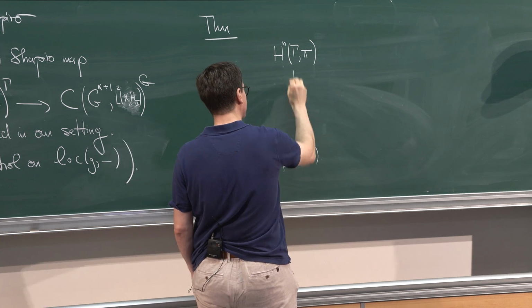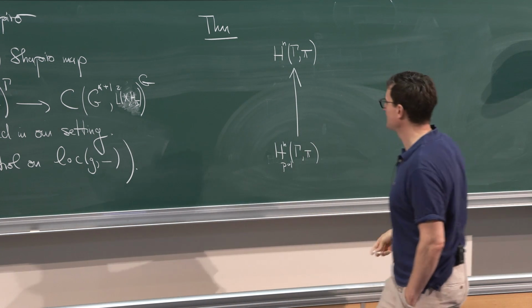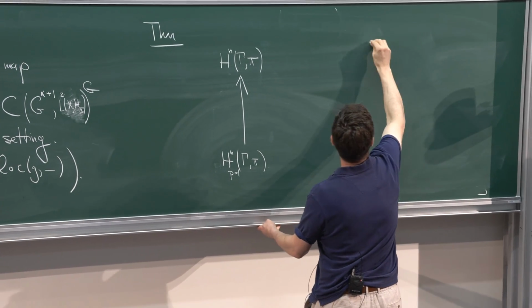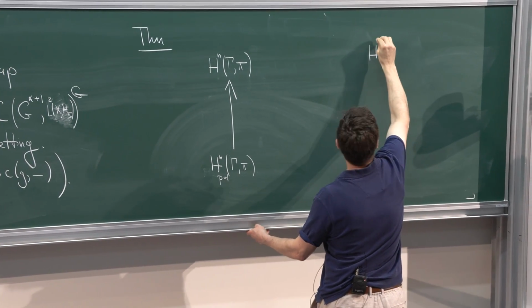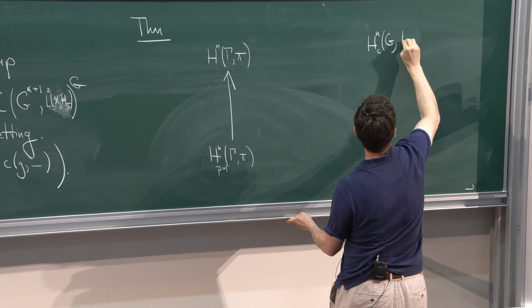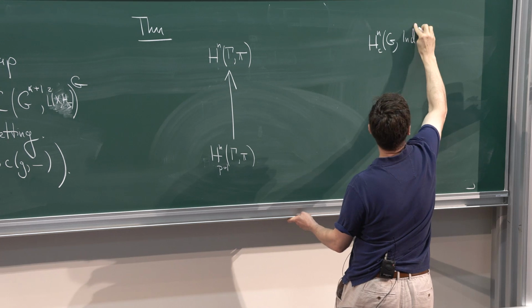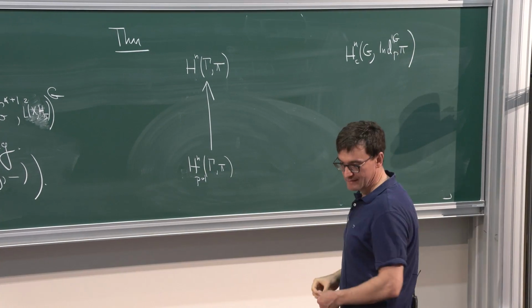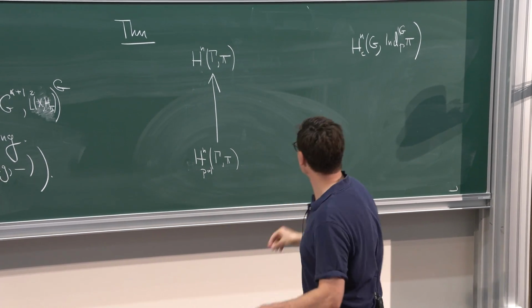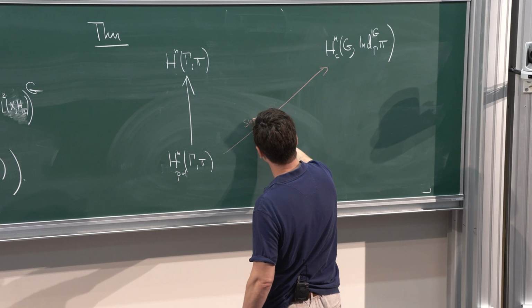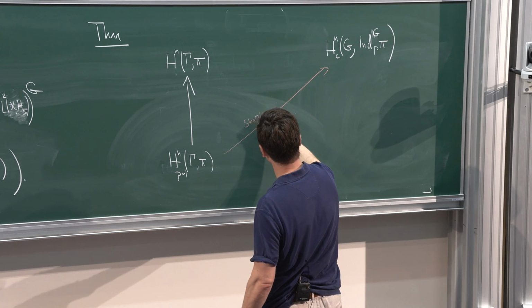Here we have this natural comparison map. Then here we have the cohomology of G in the induced. I said that this Shapiro is now well defined.